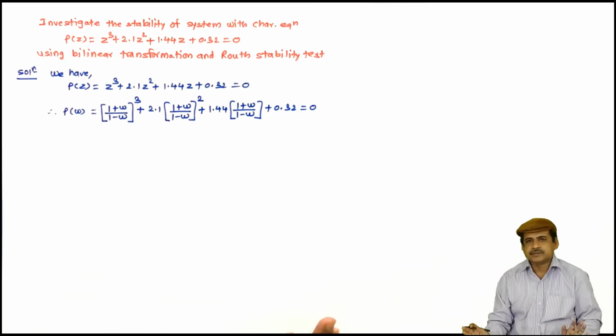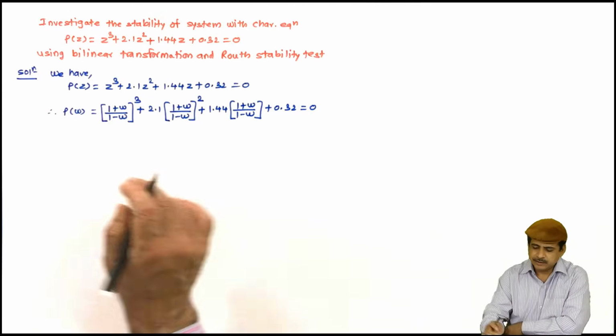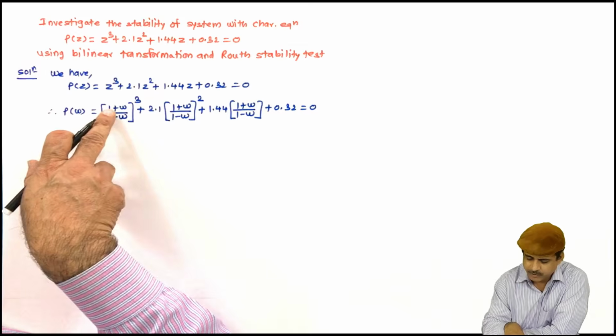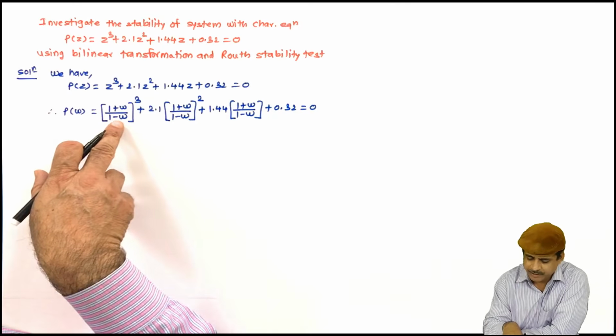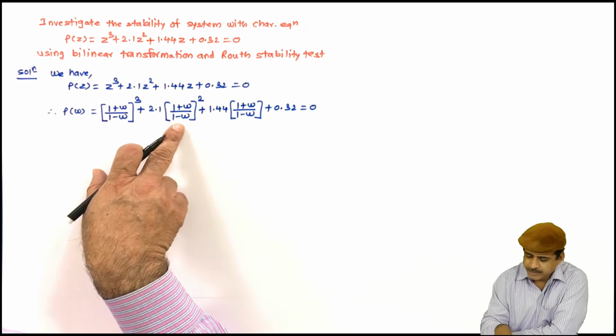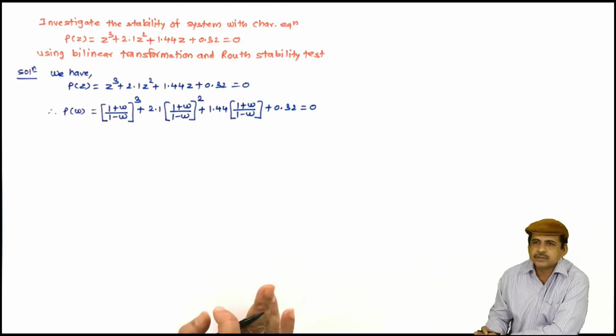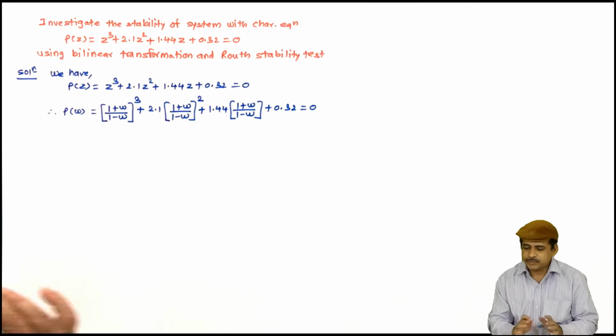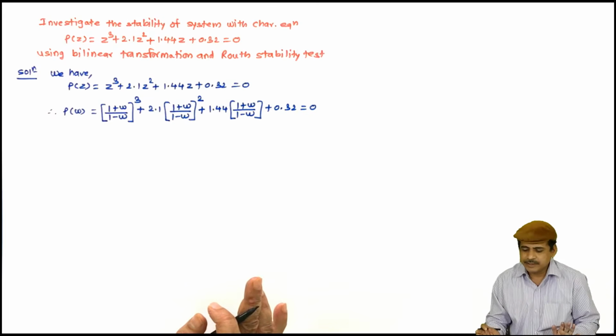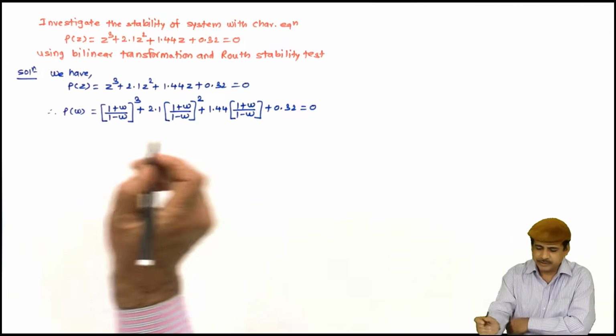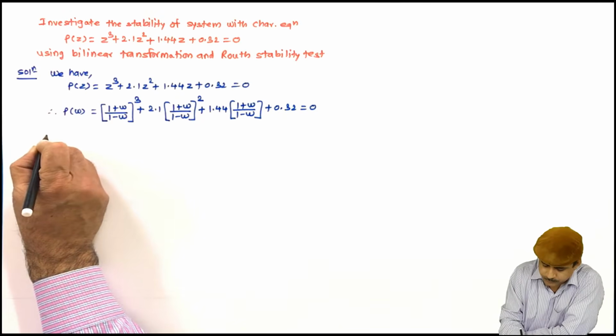Now I have to expand this, and if we expand this will be 1 plus W cube upon 1 minus W cube. Here I am getting 1 minus W square, here I am getting 1 minus W, and here there is no term in the denominator. So after taking LCM, we will get the term 1 minus W whole cube in the denominator.